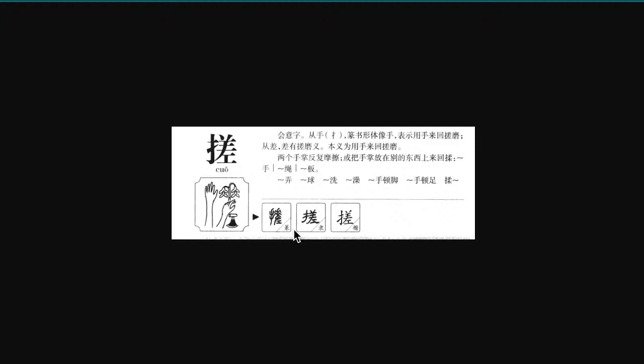Basically, you roll something in between your hands. By looking at the character, you can see there's a hand, and then some kind of plant, a flower plant on top. So this is 搓.